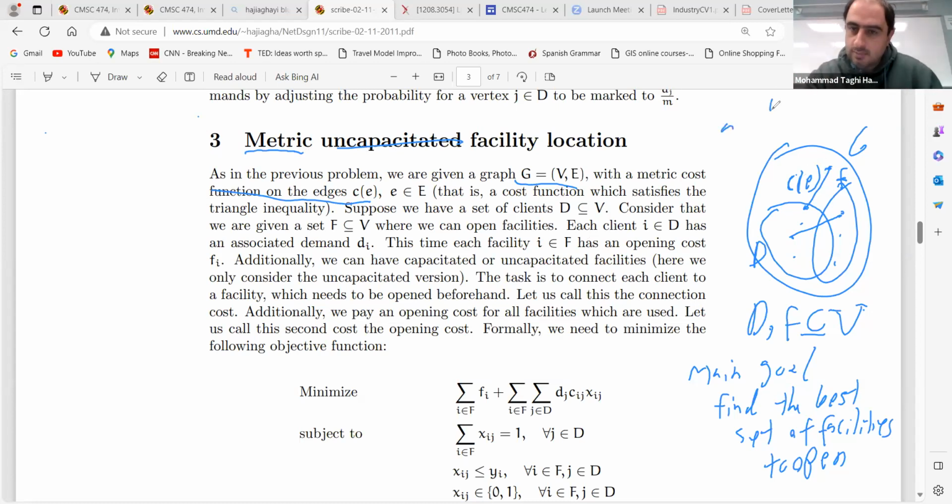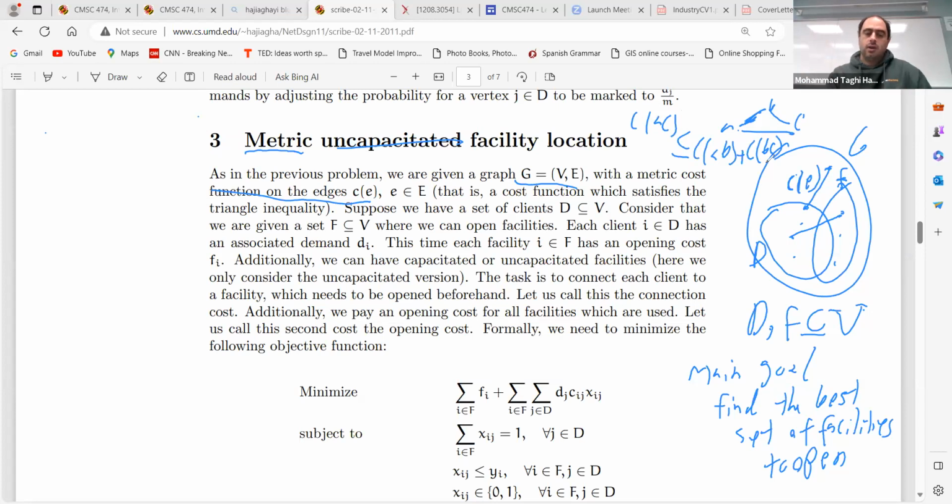So if this is A, B, C, going directly from A to C is not worse than going from A to B and from B to C. So c(A,C) is less than or equal to c(A,B) plus c(B,C). That's the triangle inequality that we are using from the metricity.